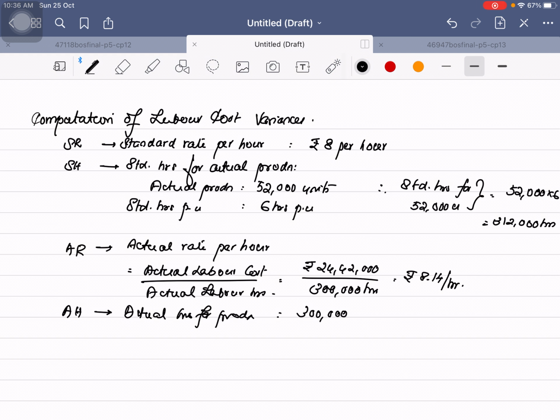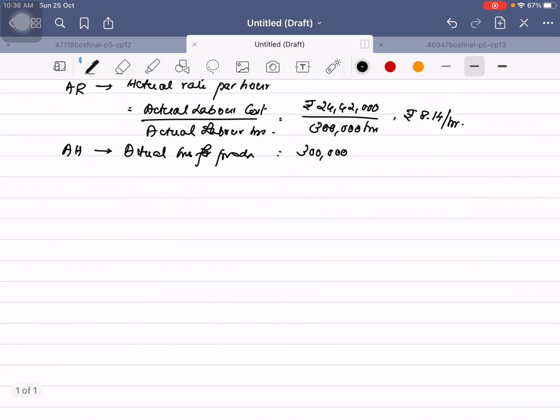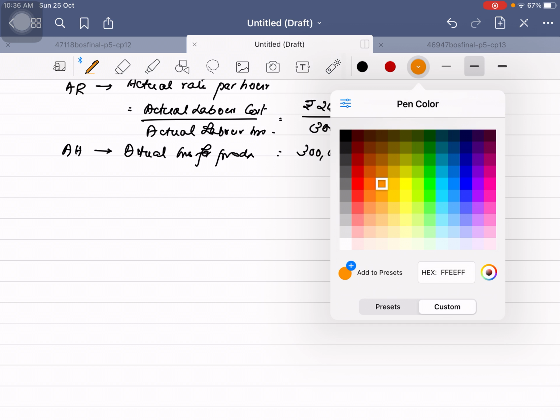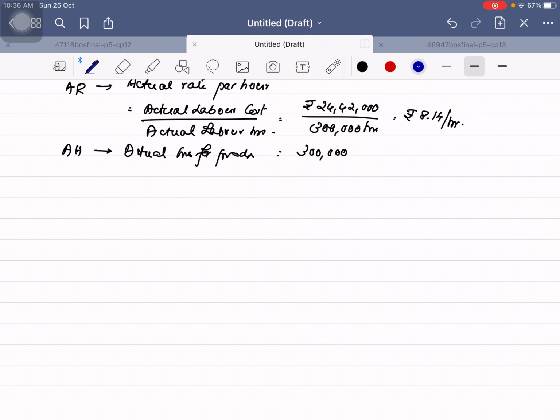Now we have to compute the variances. First you can find out the labor cost variance. What is the formula? SR minus AR into AH. What is SR? SR is 8.